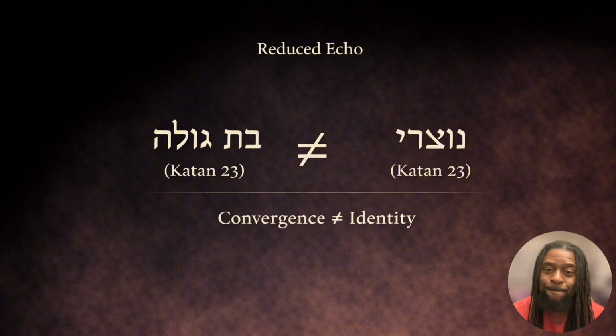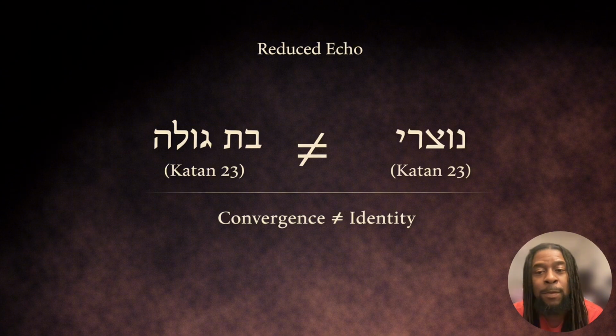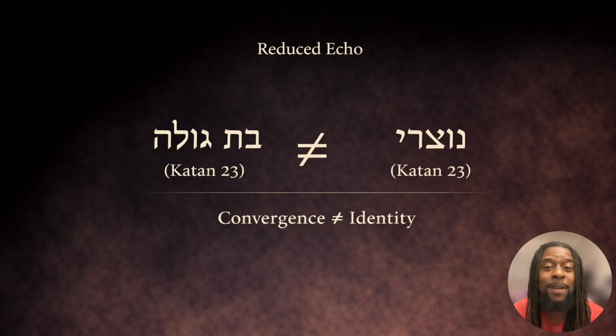Here we go. Bat Gola. I'm using Katan to get 23, but the term Netzari using Katan also equals 23. Convergence does not mean identity. It means echo. However, most exiled Israel exists under Christian identity historically, making this numerical echo extremely structurally provocative.